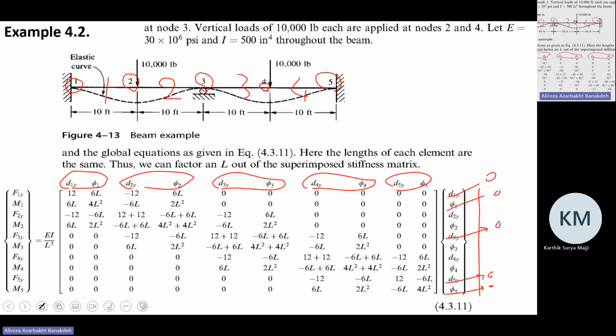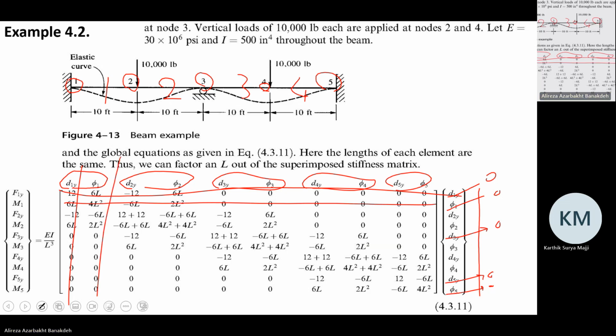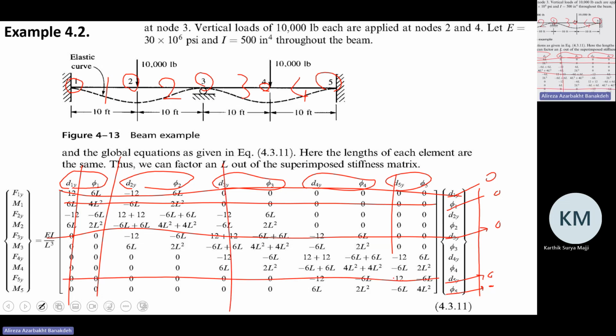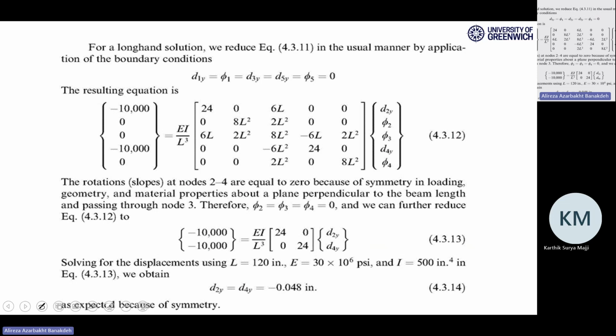So altogether, 5 of them will be eliminated. So you need to eliminate row 1, column 1, row 2, column 2, and row 5, column 5, and 9, 9, 10, 10. 5 of them will remain for you to deal with like this.